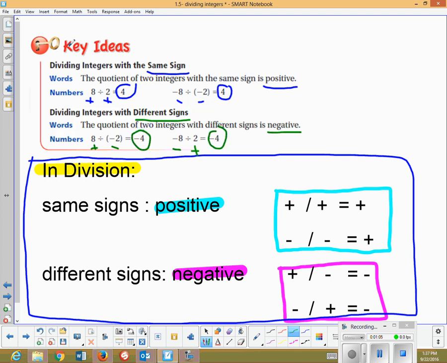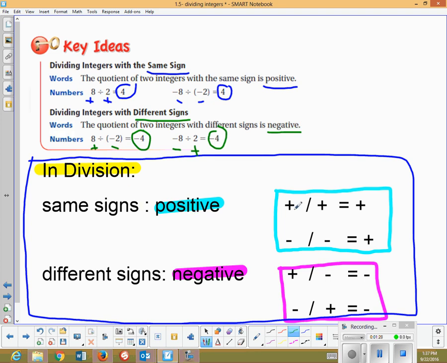Okay, if you don't want to copy down the key ideas from this part of the notes, you may copy down this. If it looks familiar, it did come from our last lesson, which is on multiplication. Yes, division and multiplication follow the same rules. Same signs, positive answer.